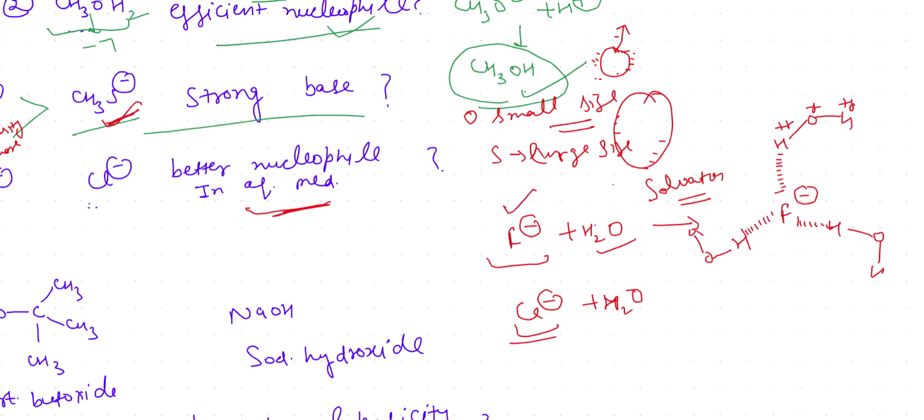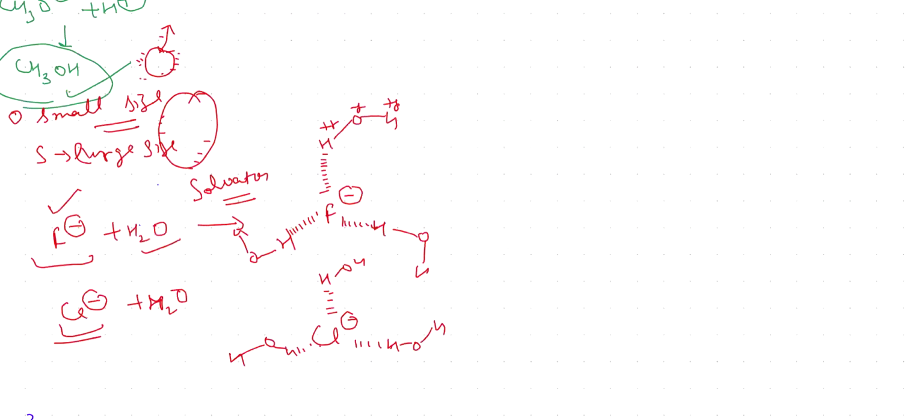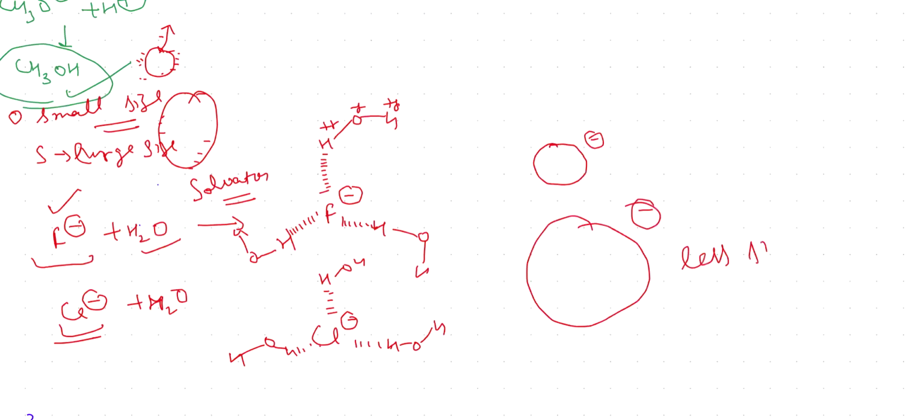But Cl negative is also stabilized by the opposite charges from water molecules. However, Cl has a larger size as compared to F negative, and so has a less concentrated negative charge. So Cl negative is less stabilized by water molecules.